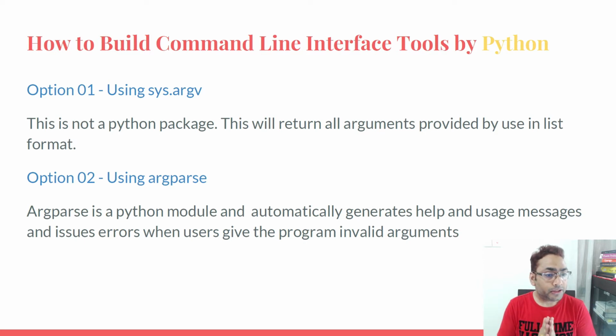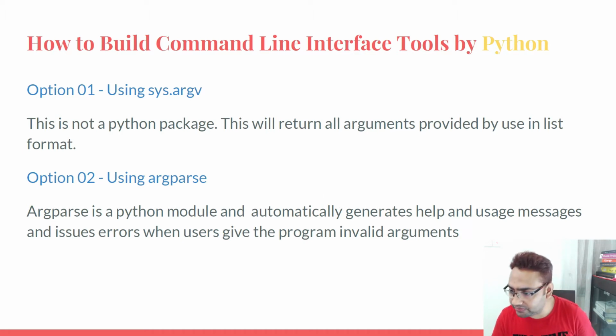The next option is argparse, which is one of the preferred methods to create command line interface tools in Python. It is a Python module that gives you pre-built help, so it automatically generates help and usage messages for you.